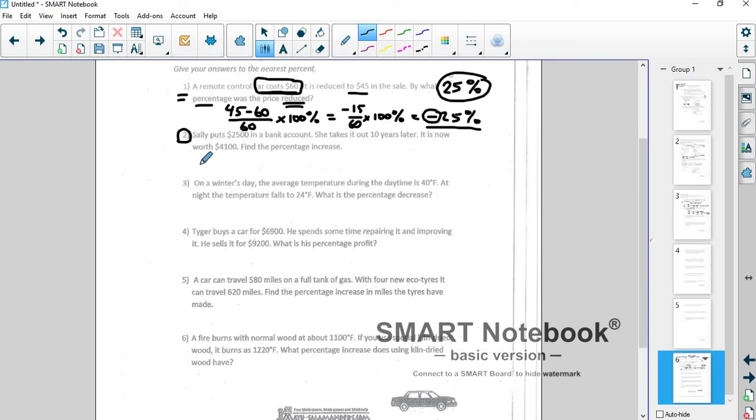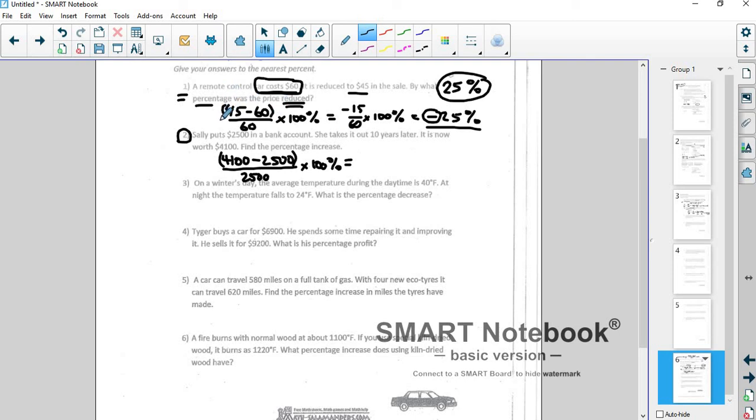Okay? So, what's your change? You started with 2,500, it's up to 4,100. So the new is 4,100 minus 2,500. And then we divide that by 2,500. Multiply by 100%. Remember, when you're doing this on your calculator, these need to be in parentheses, or else your calculator will make some interesting choices.